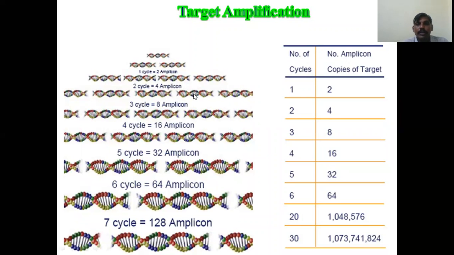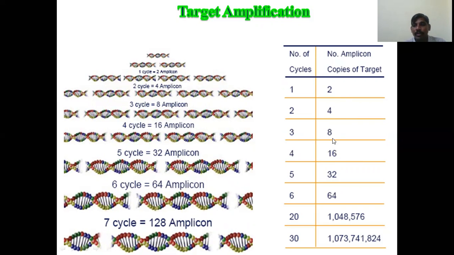So how many DNA molecules are synthesized by the PCR mechanism? We can go through the number of cycles and the number of copies. Normally we calculate the number of copies obtained in the PCR with the help of the 2 to the power of n formula. 2 to the power of 1 is equal to 2, 2 to the power of 2 is 4, 2 to the power of 3, 2 into 2 into 2, is 8, 2 to the power of 4 is 16.